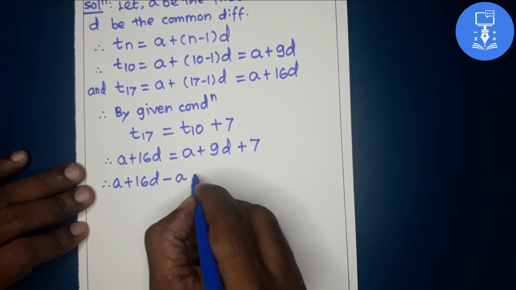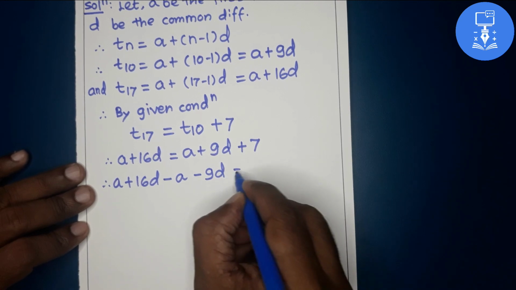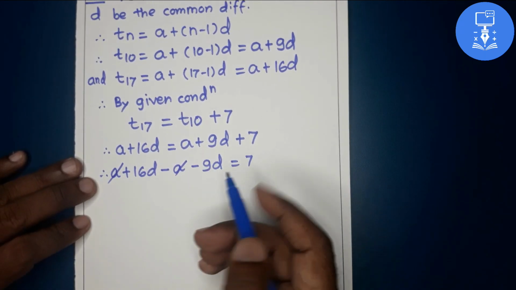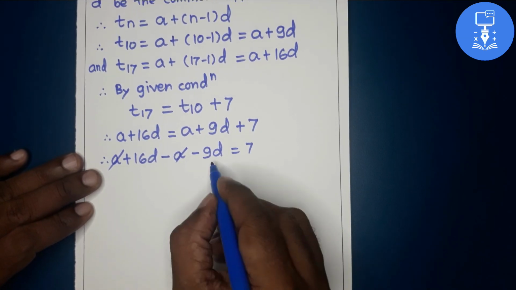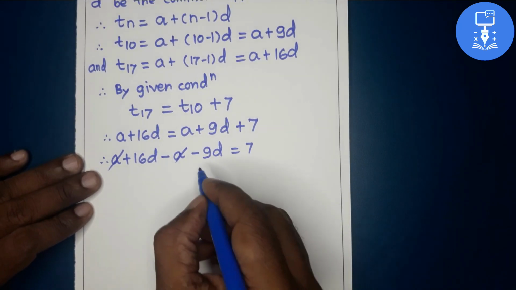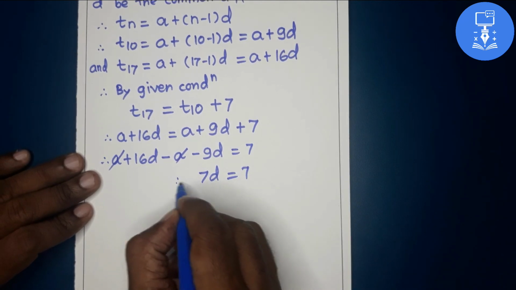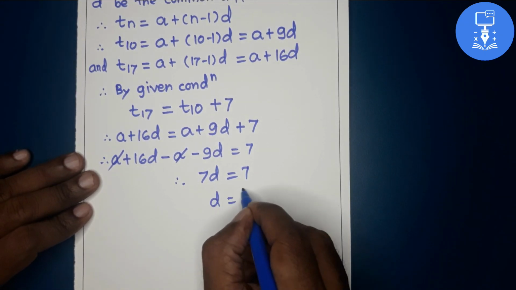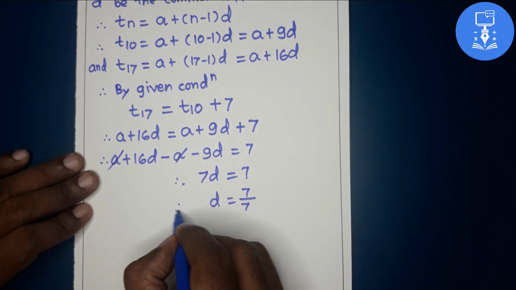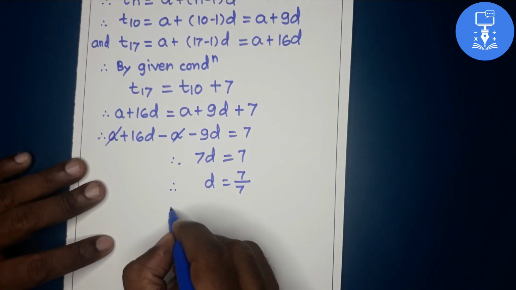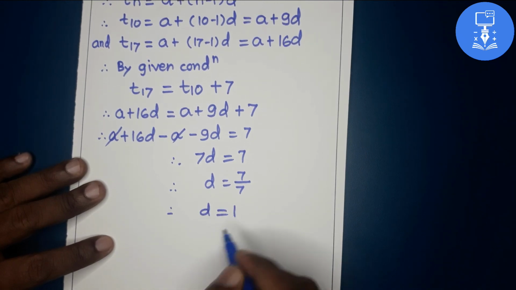Let's transfer these terms from RHS to LHS. So we get a plus 16d minus a minus 9d is equal to 7. So a minus a will become 0, and 16d minus 9d will ultimately become 7d, which is equal to 7. Now divide both sides by 7. So we get 7 upon 7, therefore d is equal to 1.